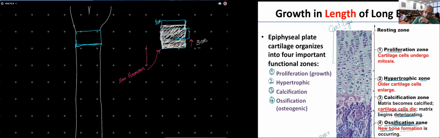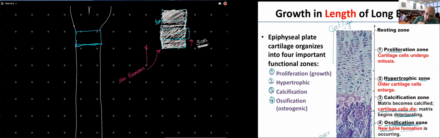Still under the effect of the high levels of sex hormones, I will be adding 2 centimeters of cartilage. So now I have 3 centimeters total, but I'm also stimulating the bone formation. So the bone is going to be replacing 3 centimeters of the cartilage.